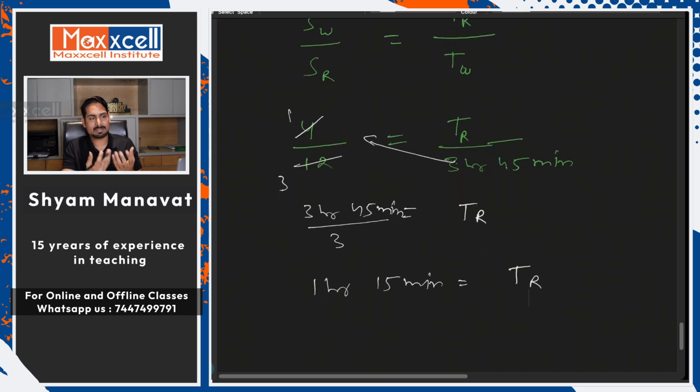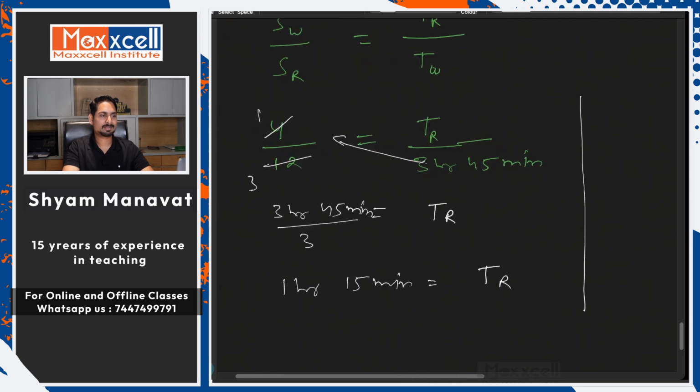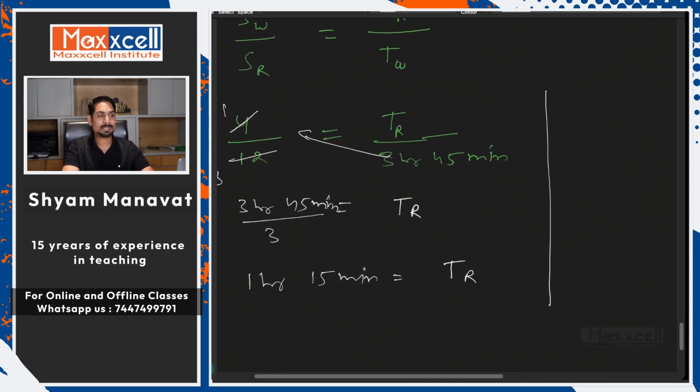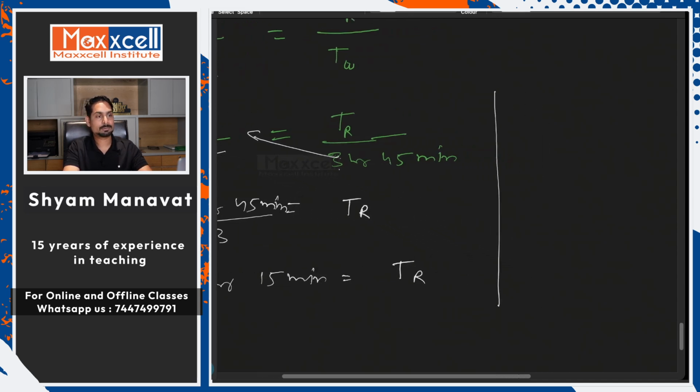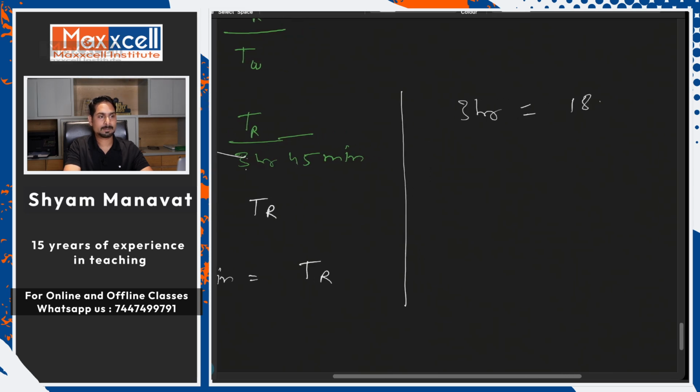So that's how I treat it. I'm not a big fan of calculating in advance. When it's needed, do the calculation then. Or if you are not comfortable and want to simplify further, you can convert 3 hours into minutes plus 45 minutes. 3 hours is equal to 180 minutes.